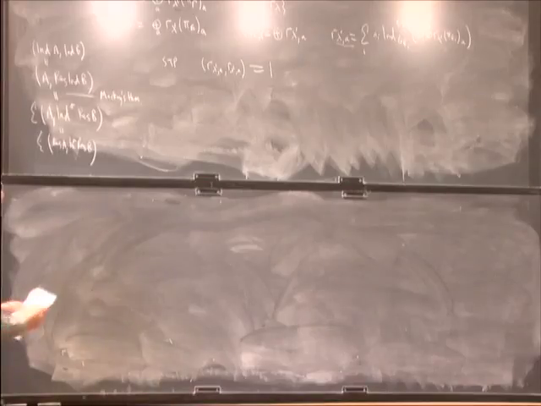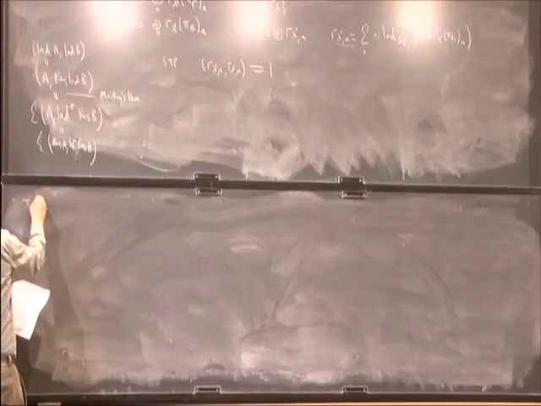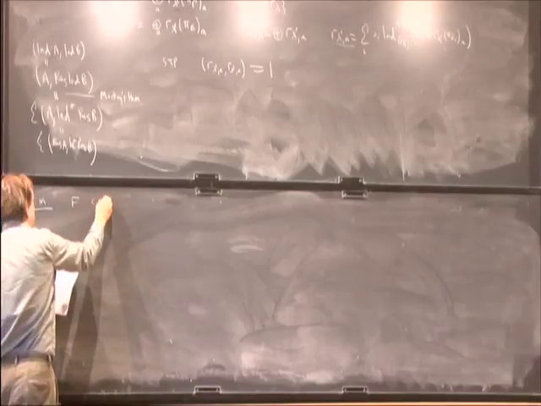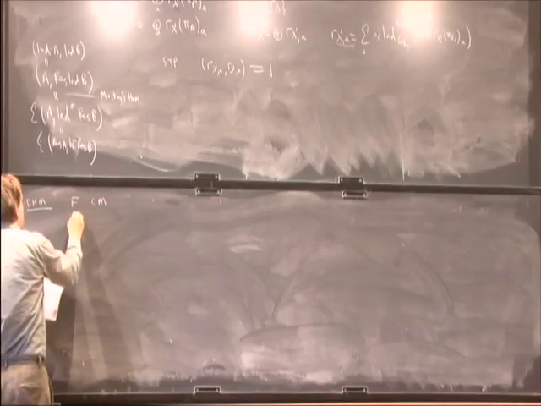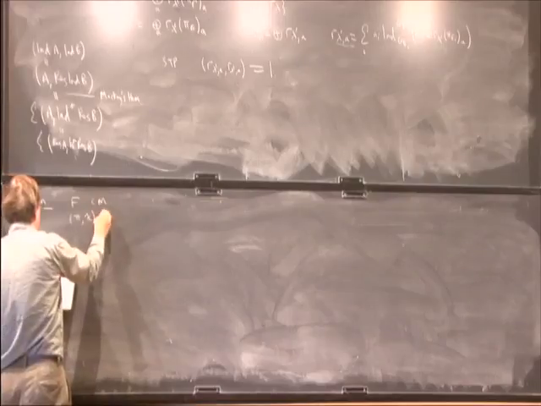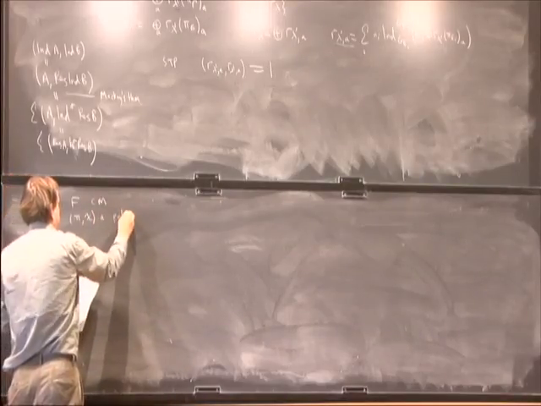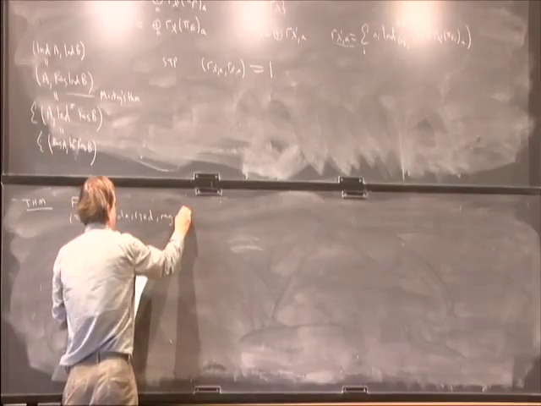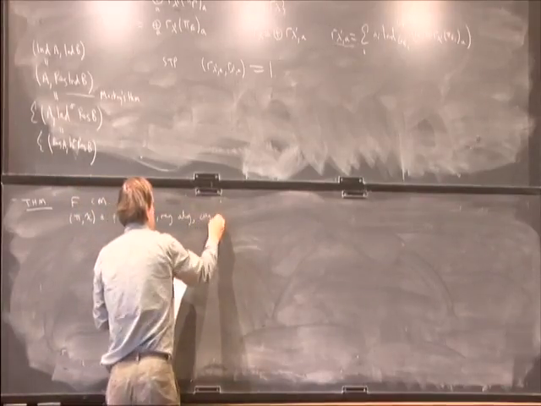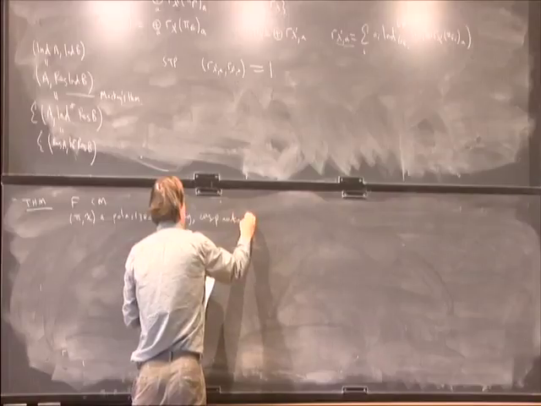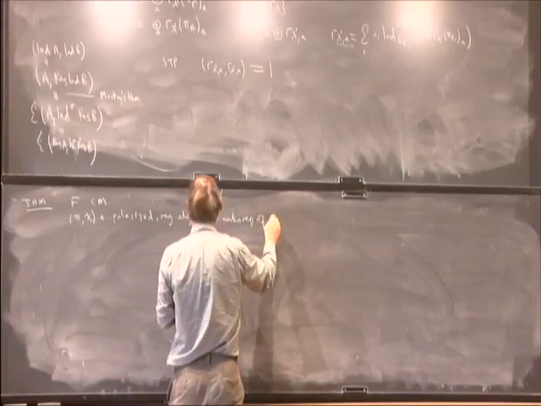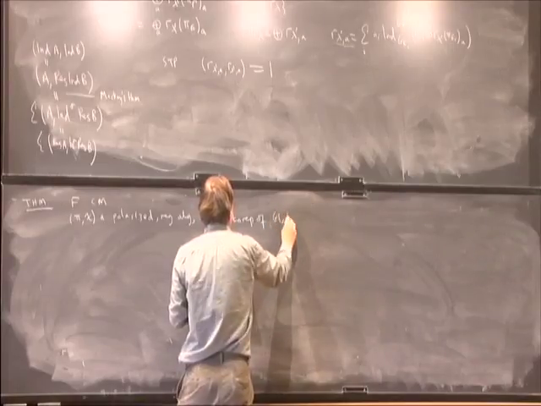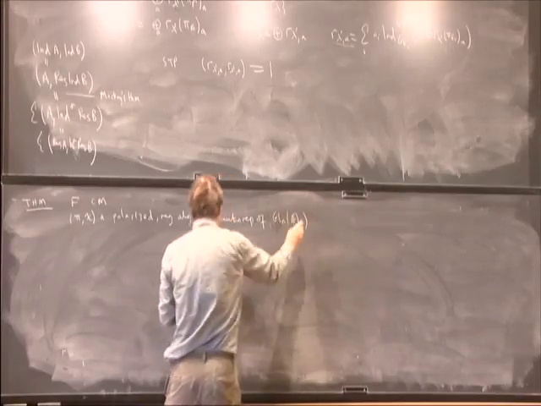So the final theorem is an irreducibility condition. So let F be a CM field, and pi a polarized regular algebraic cuspidal automorphic representation of GL_n of A_F.